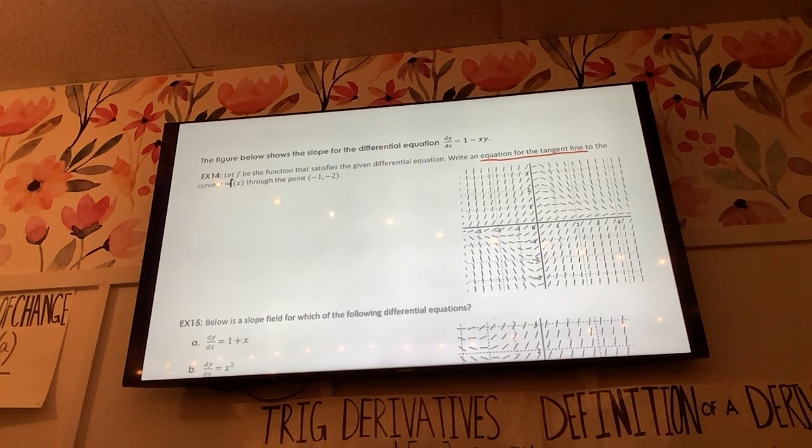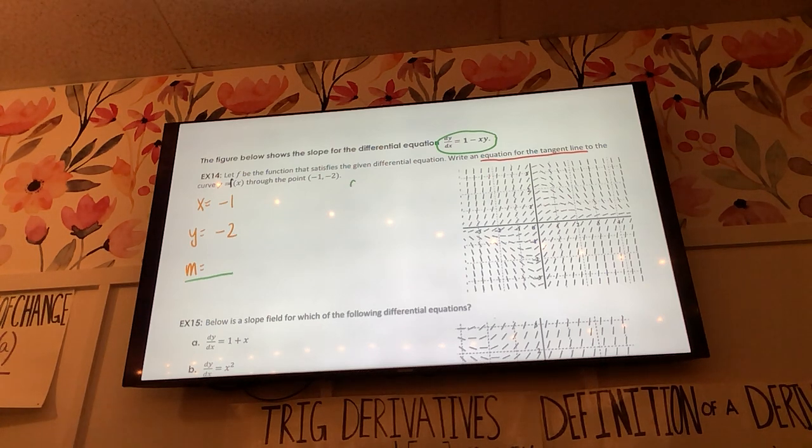What three things do you need for tangent lines? X, y, and m. What's my x value? -1. What's my y value? -2. And how do I find m? Whatever the number is at that point. The derivative. I'm plugging in, yeah. Yep, plug in your x and y into your derivative.